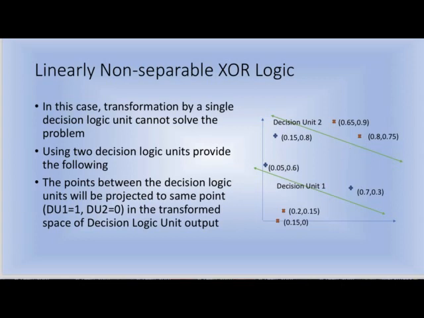So the problem still cannot be solved using a single decision unit or even using 2 decision units. But we will see next how these 2 lines are going to benefit us.